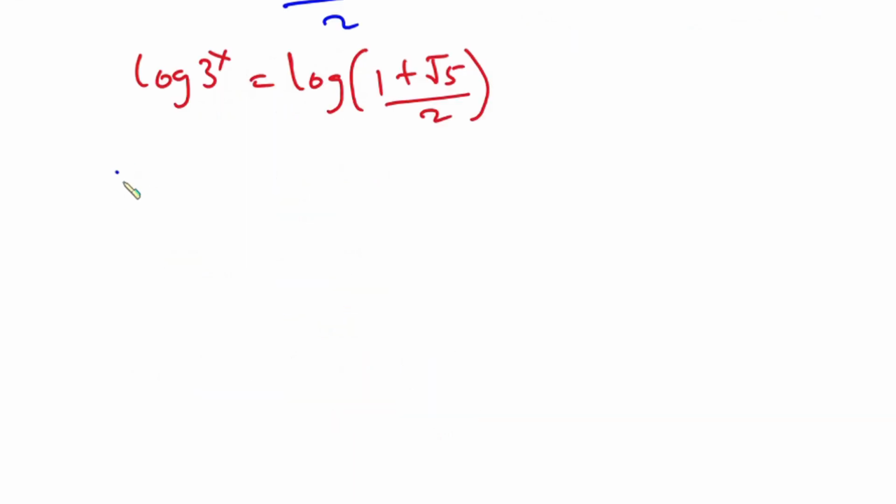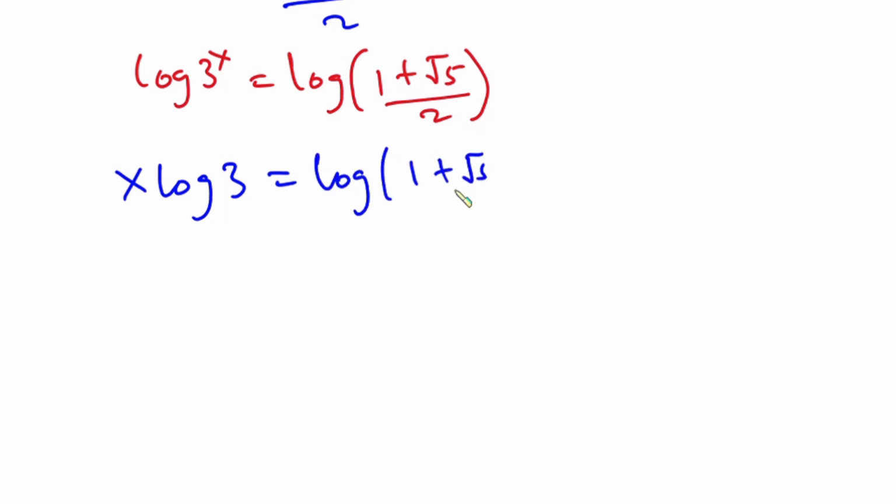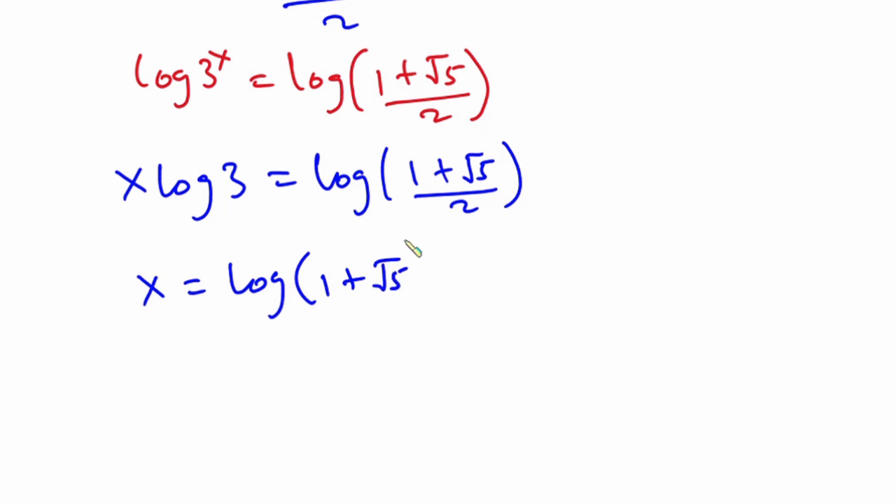Now we have x log 3 is equal to the log of 1 plus square root of 5 on 2. Alright, so here we can divide each side by log 3, so we have x is equal to the log of 1 plus square root of 5 on 2, all divided by log 3.